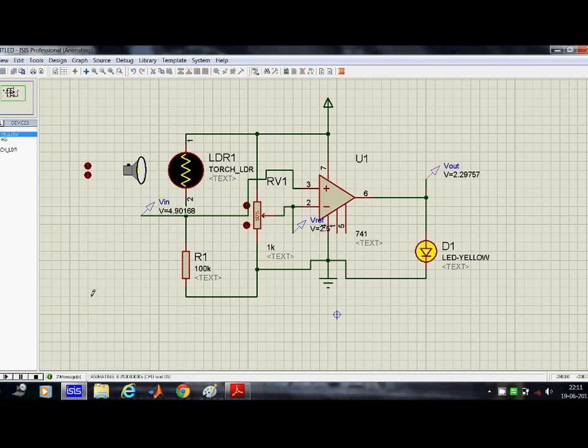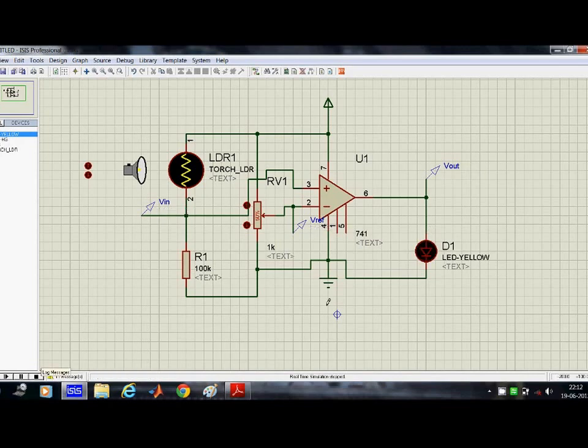So in the simulation, you see, when V in is greater than V ref, we get a V out that is 1, that is a high. Okay, you might be surprised that the value of V out is 2.29. It's because this LED is offering some amount of resistance, but it's not offering infinite resistance.